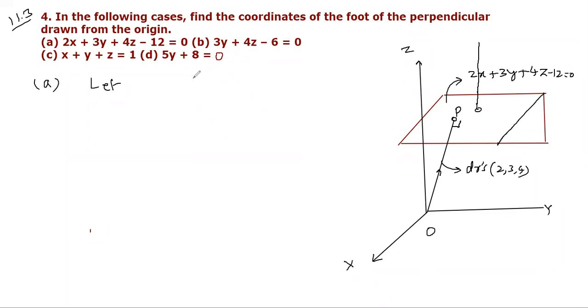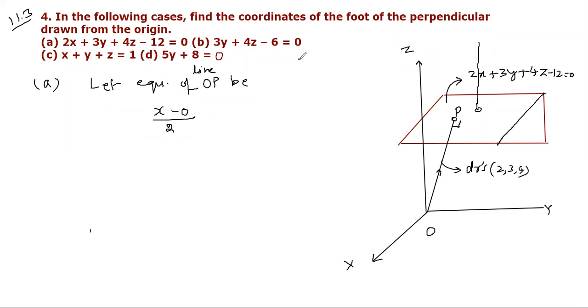So let the equation of line OP be, it is passing through the origin, x minus 0, and drs 2, 3, 4.